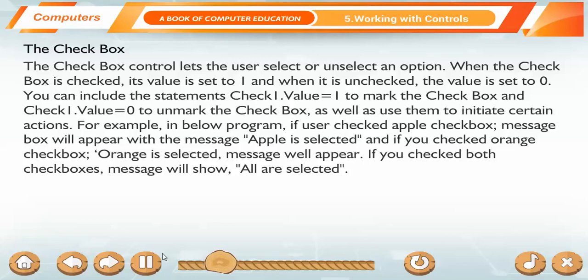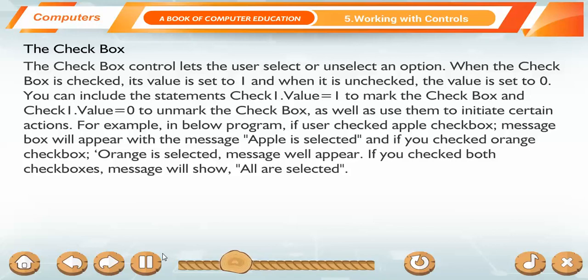When the checkbox is checked, its value is set to 1, and when it is unchecked, the value is set to 0. You can include the statements Check1.Value = 1 to mark the checkbox and Check1.Value = 0 to unmark the checkbox, as well as use them to initiate certain actions.